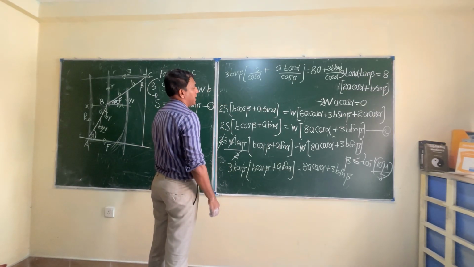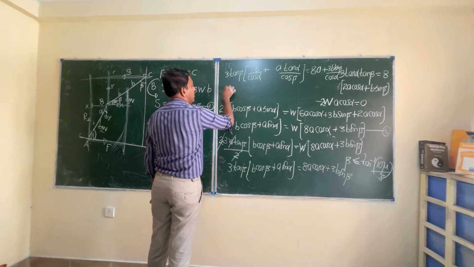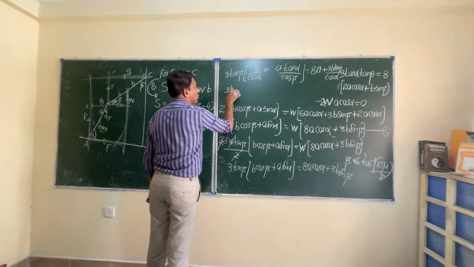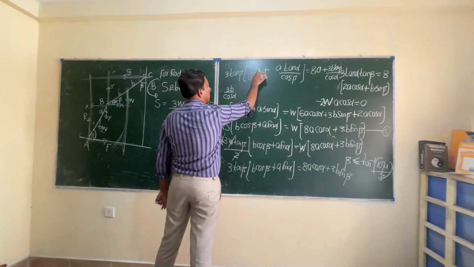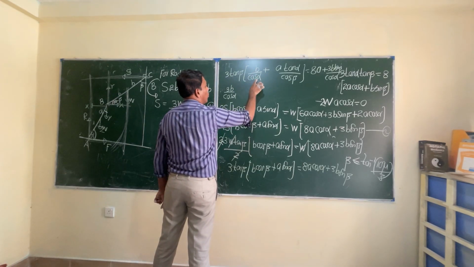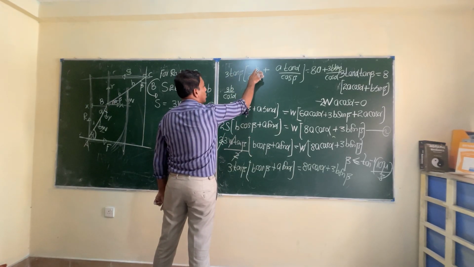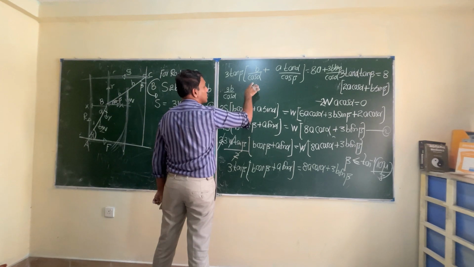Okay, so can I change this and multiply, 3b over cos alpha, 3b over tan beta cos alpha.